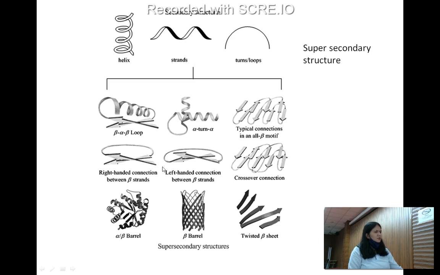So there are different types, and you can just show the diagram of two or three. And then what is the importance? They are usually present in the domains of the protein and they have different functions. Now the super secondary structure may further associate with other super secondary structures to form the three-dimensional structure of the protein. Clear? Any confusion regarding the super secondary structure?